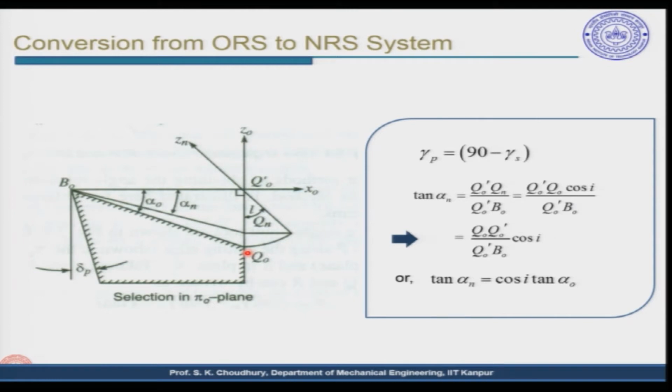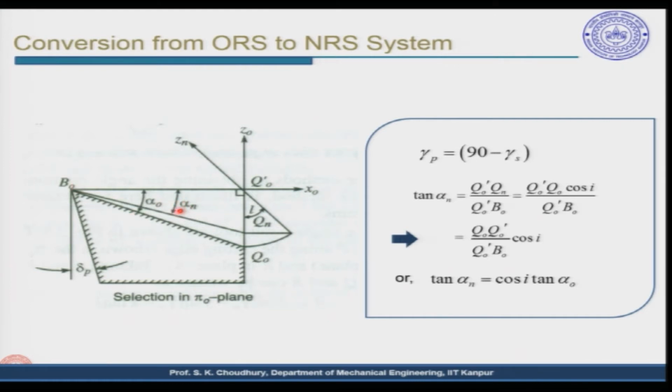Then if the tool is projected in the Zn and Xn axes, with Xn perpendicular to that, it can be said to be the tool B0 Qn, as in the case of the normal rake system.